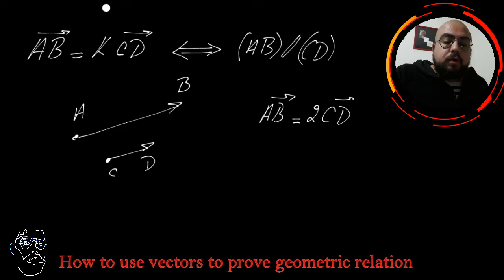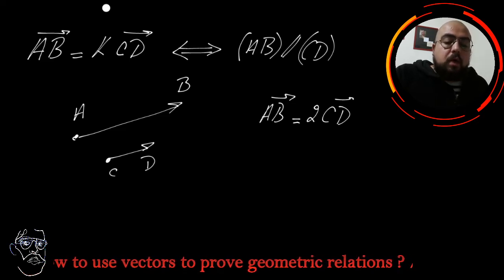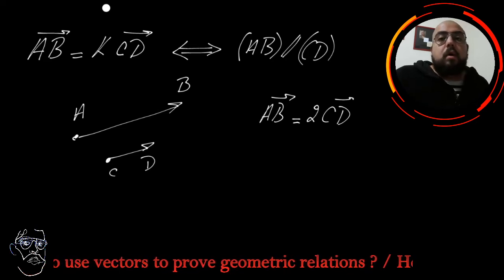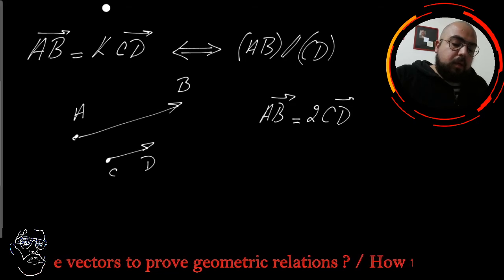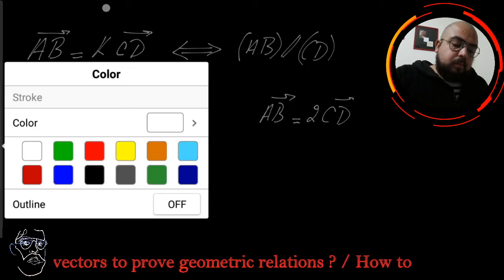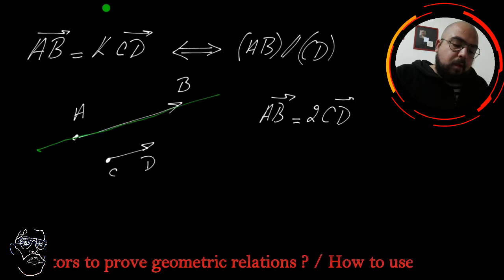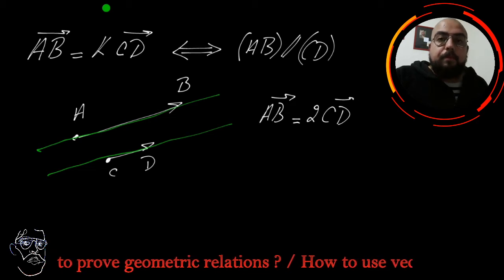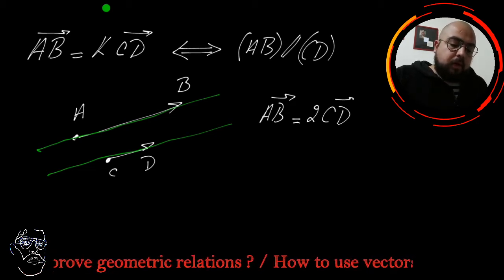They have the same direction, same orientation in this case. Since they have the same direction, that means that they are parallel. So the line AB will be parallel to the line CD. All right. So this was the second use related to the vectors.